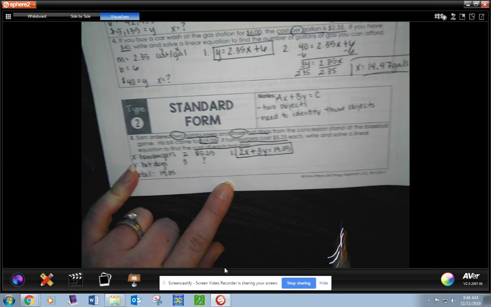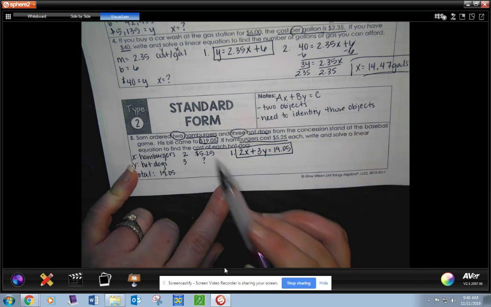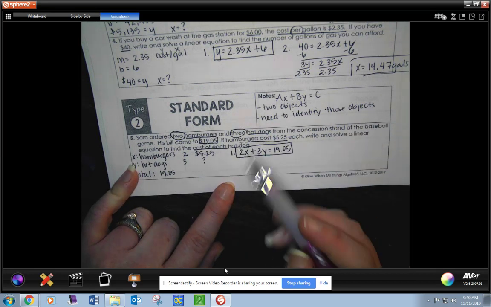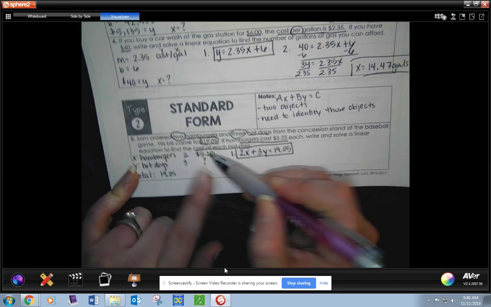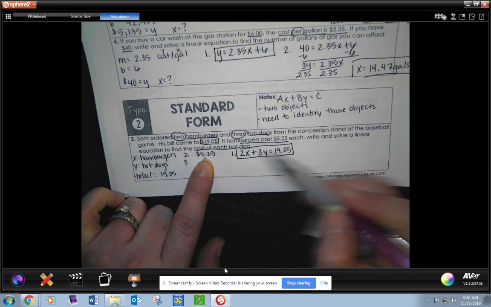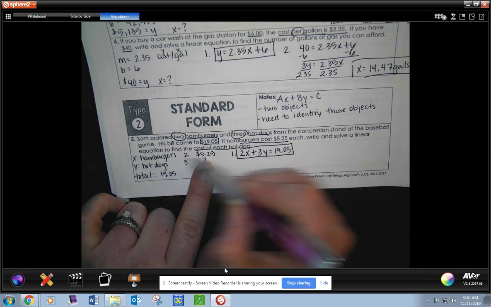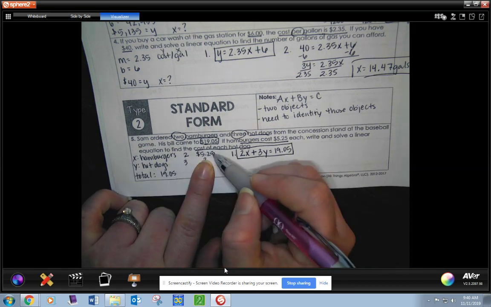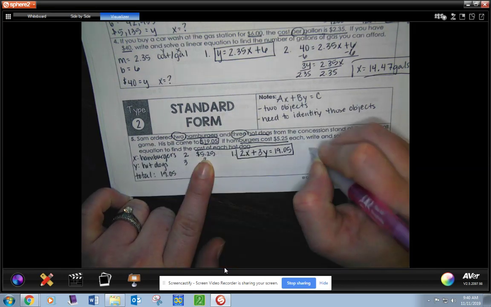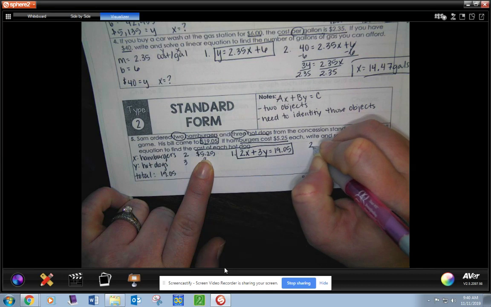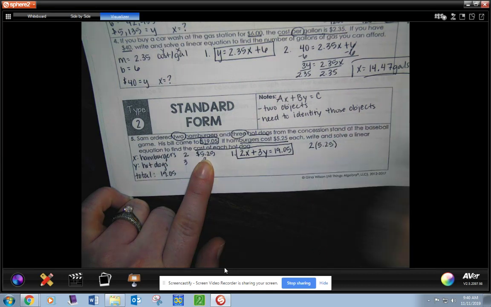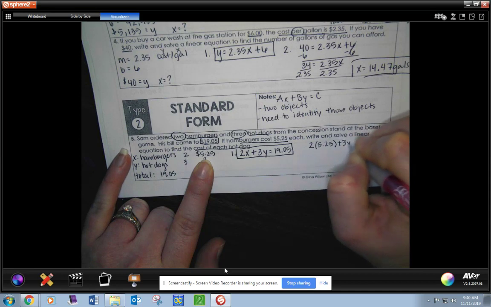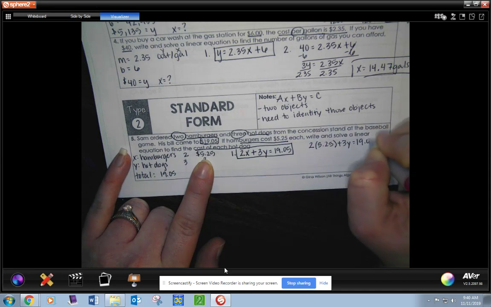Step 1's done, right? Step 2 is solve. So now you go back and you look at the piece that you have. This is my missing piece. This is the piece I have. I'm going to take the piece I have and plug it into the letter it goes with. So 5.25 goes with X. So we're going to take 2, but instead of putting X, we're going to put 5.25, close that parentheses, plus 3Y equals 19.05.